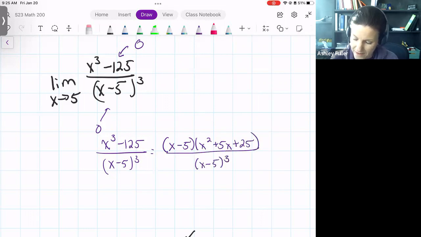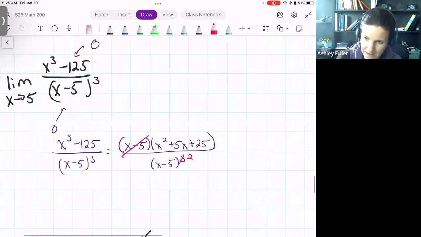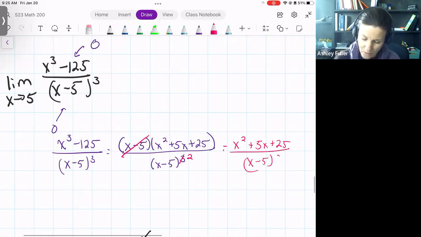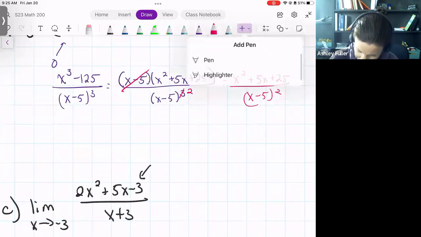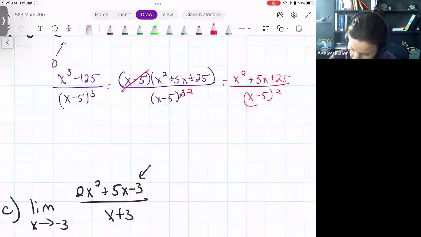We can then divide out one of those, and this leaves us with x squared plus 5x plus 25 divided by x minus 5 squared. Now, as we look at the limit of this, we notice that the denominator still goes to 0, but the numerator no longer goes to 0. So the limit does not exist.